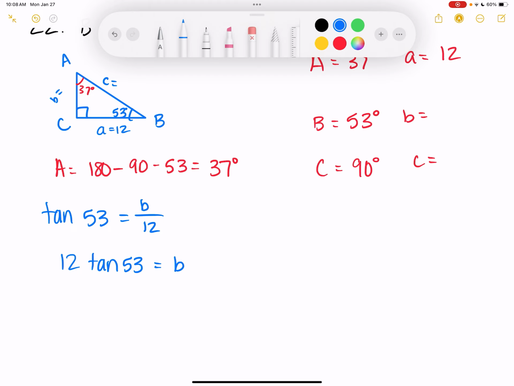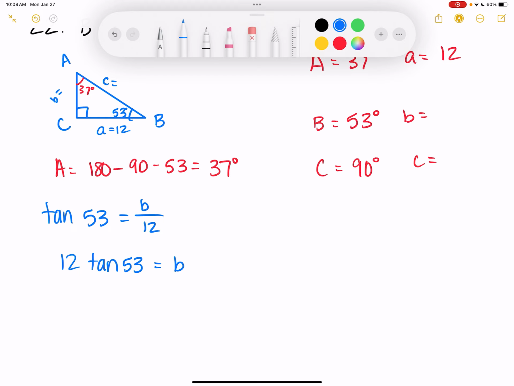So if your calculator's not in degree mode, arrow over to degree and hit enter, and that one should now be highlighted. Okay, it is highlighted. Hit second mode, which quits and gets out of there. I'm going to retype this in degree mode. So 12 tangent of 53, and I get 15.9.